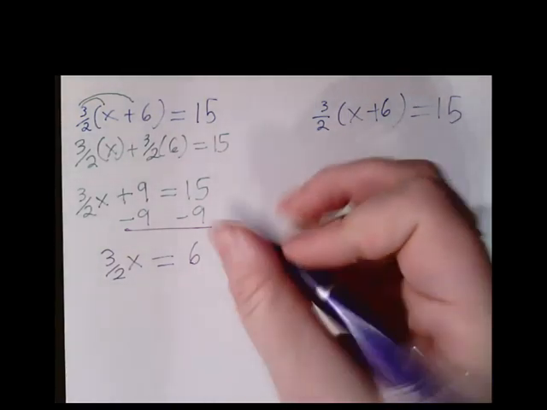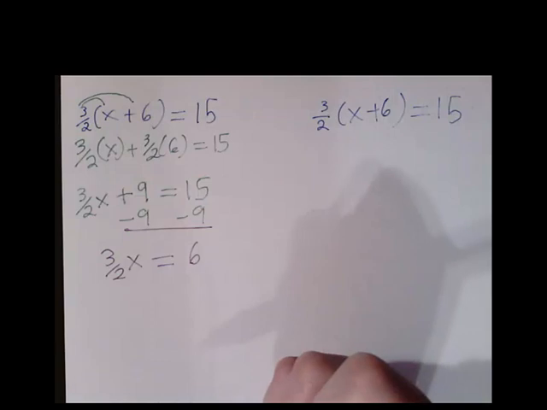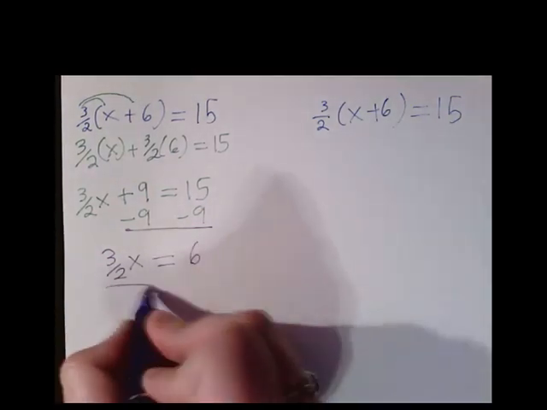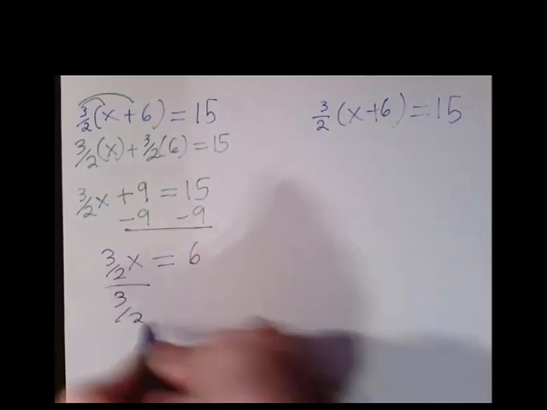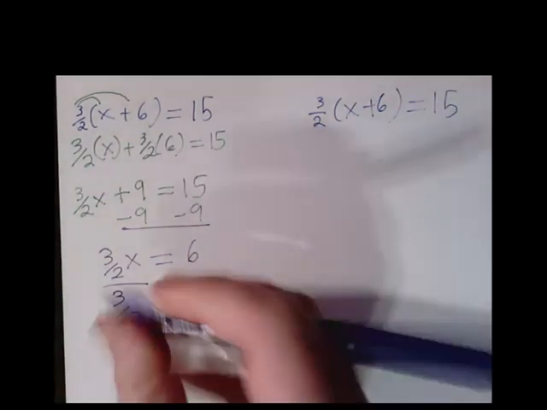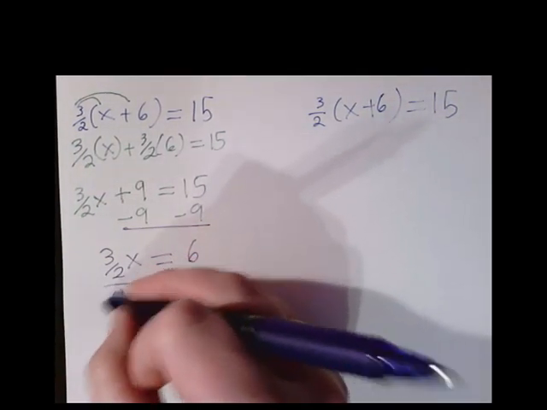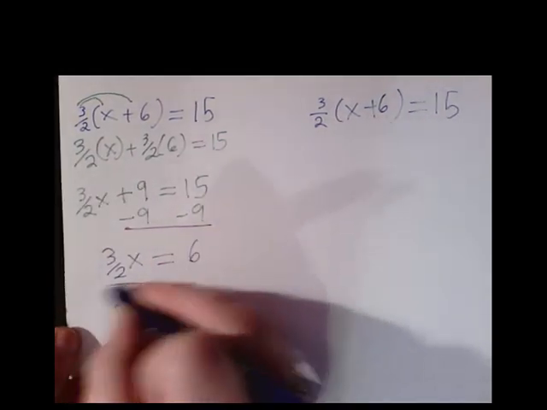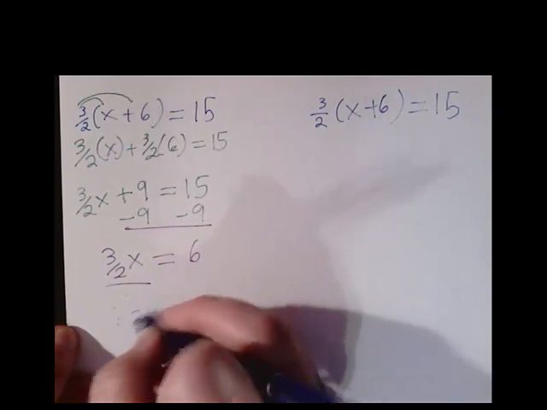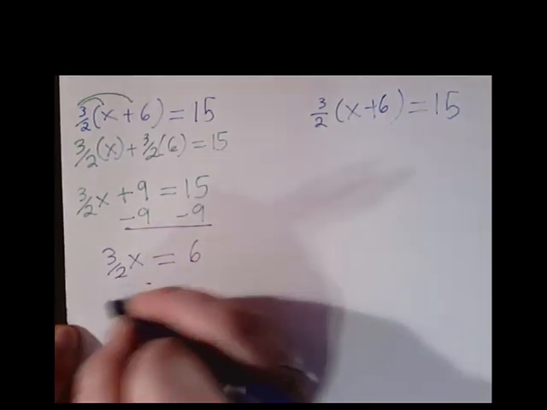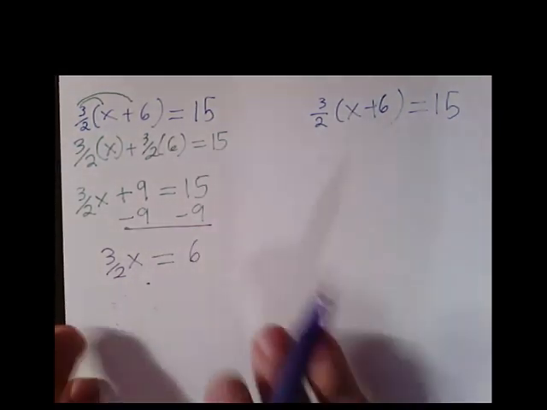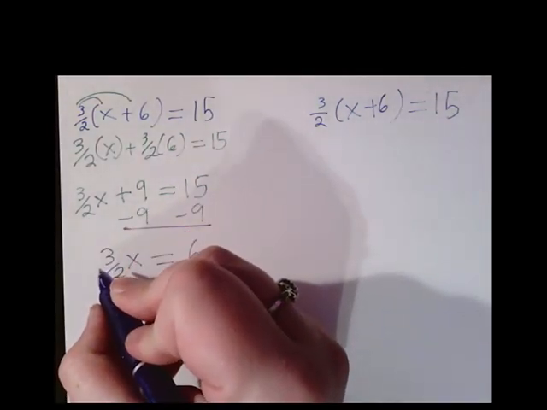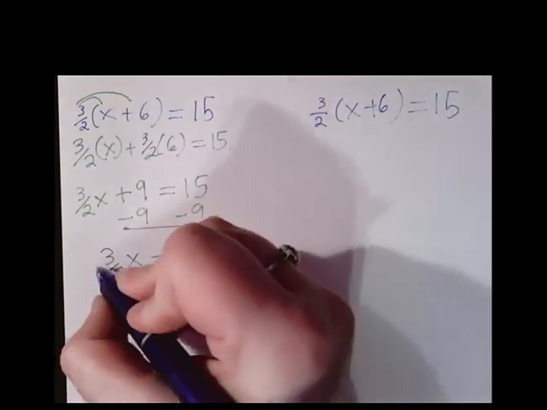All right, so now 3/2 is multiplying to x. But if I were to divide by a fraction, that just doesn't look nice. So in mathematics, we know that if we have to divide by a fraction, we can also multiply by its inverse, or its reciprocal.